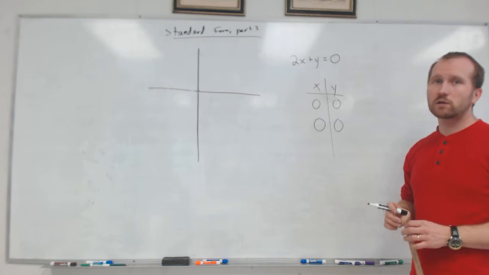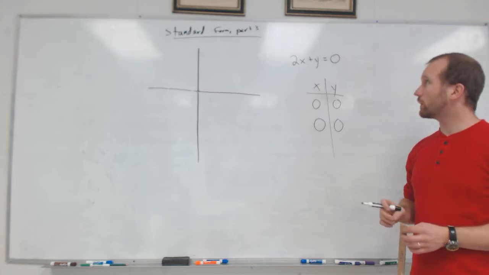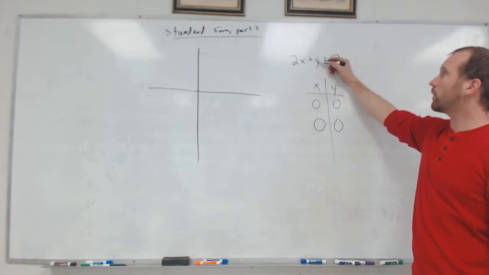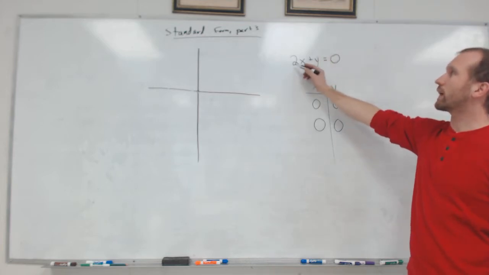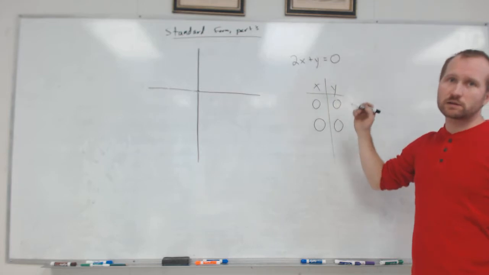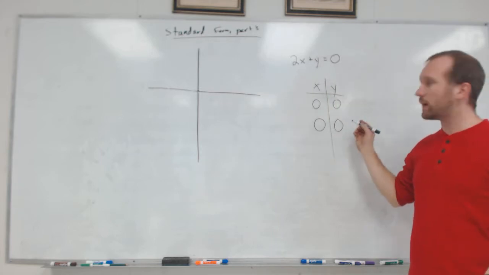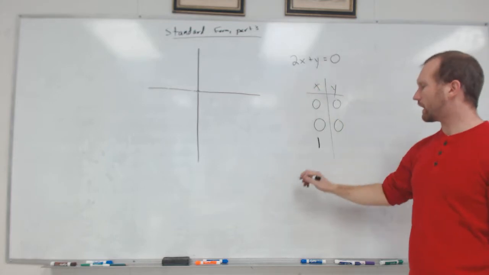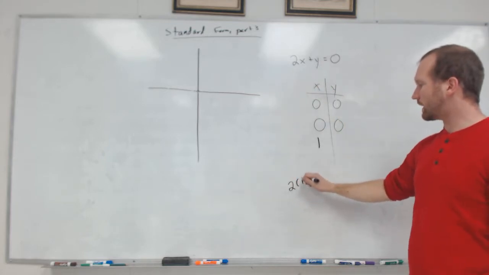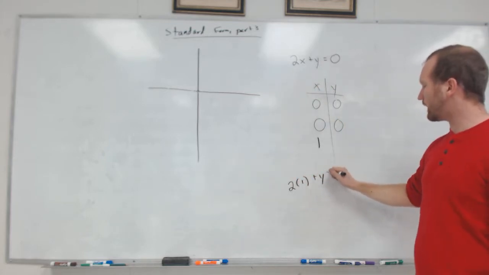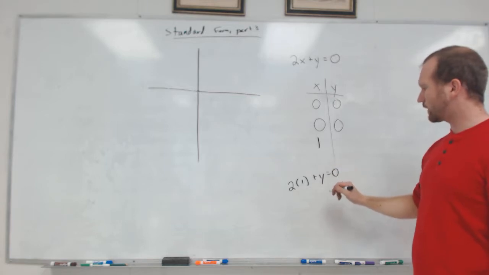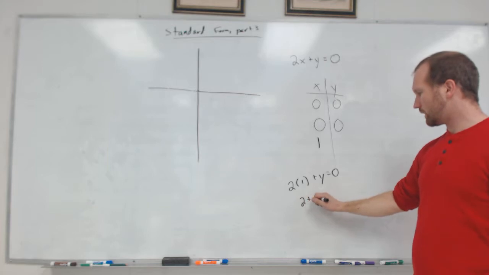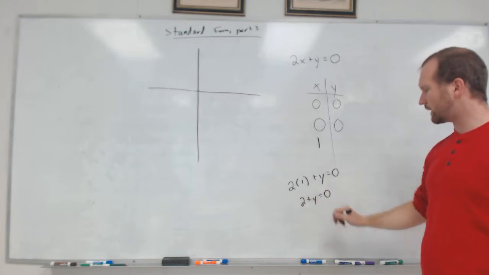So, for example, let's pick something for x. I want to know when x is 1, what would y be? Well, if x is 1, then I would have 2 times 1 plus y equals 0. So 2 times 1 is just 2. How would I solve 2 plus y equals 0?